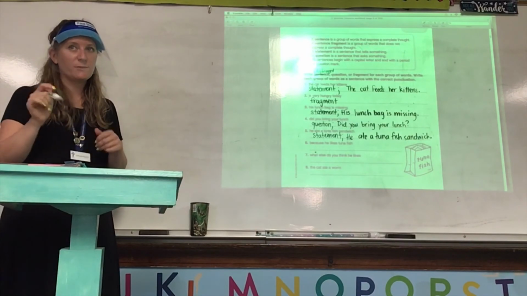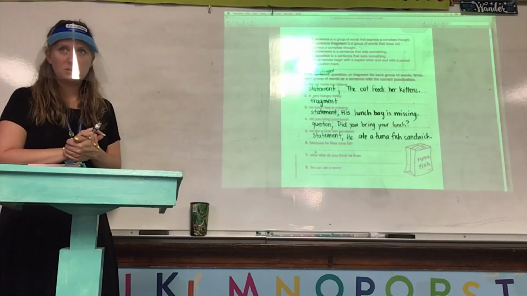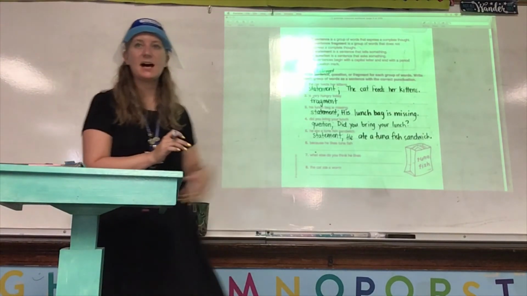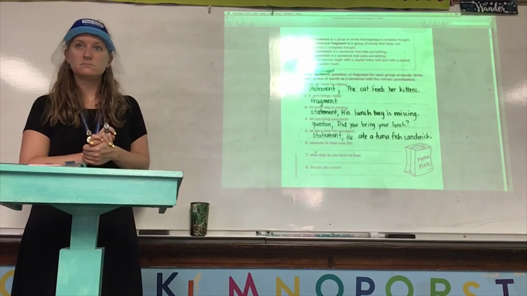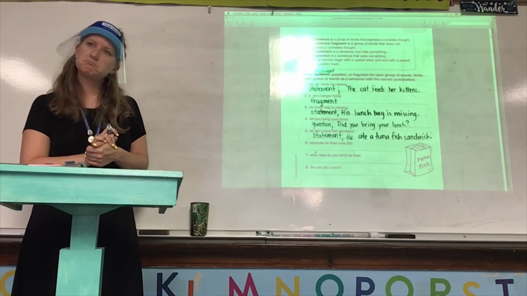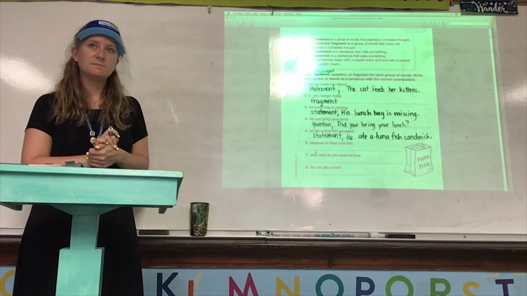Look at the directions for what you're trying to write. Guys, don't just stare at a problem. Go back to the directions, go back to the notes, go back to what it says at the top and see if that will help you. So what do we have to write? What do we write when it's not a complete thought?